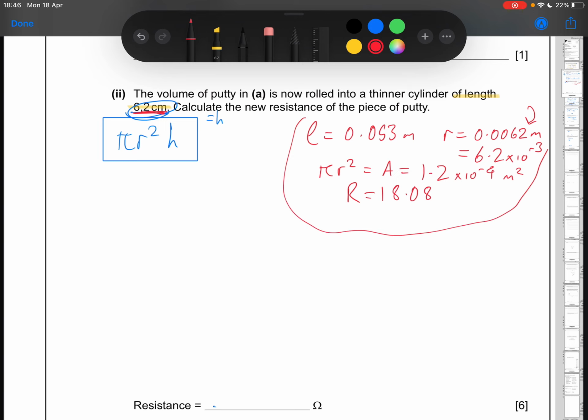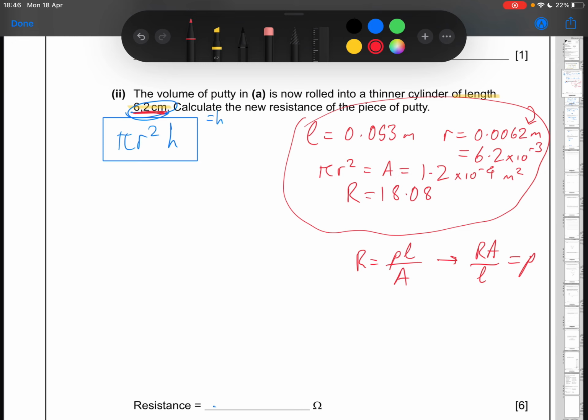So we have all of this information, which is handy because we know our resistivity equation looks like this. Rearranging that gives RA over L is equal to rho, rho being the symbol for resistivity. Okay, so I'm just going to quickly do this on my calculator. We've got 18.08 times 1.2 times 10 to the minus 4 divided by the length, which is 0.053.